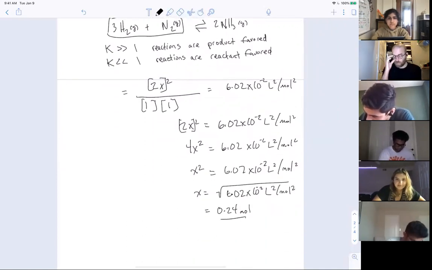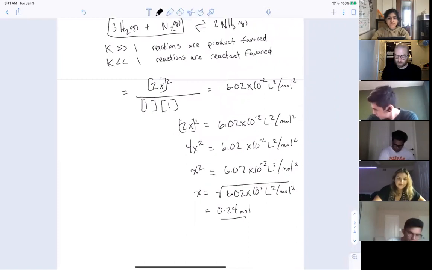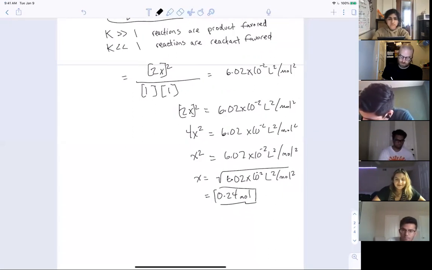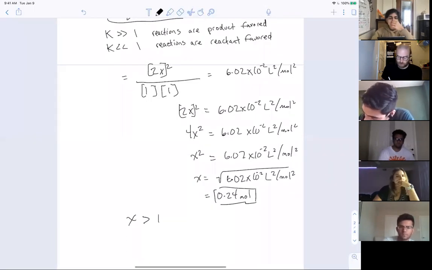So in this case, we see that the x actually is significant. So generally, as a rule of thumb, if x is greater than, I don't know, like 10%.